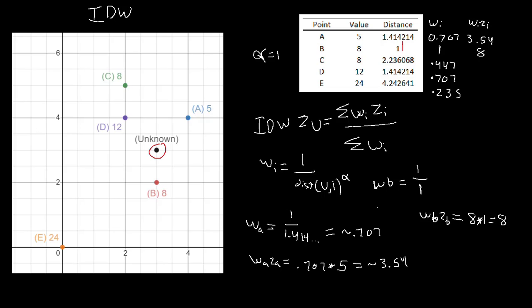So once we've figured out the weights, we need to go back in and figure out the weights times the values. And again, to reiterate, that's just this value times this weight, this value times this weight, and so on and so forth. So I'm just going to quickly fill in that column.